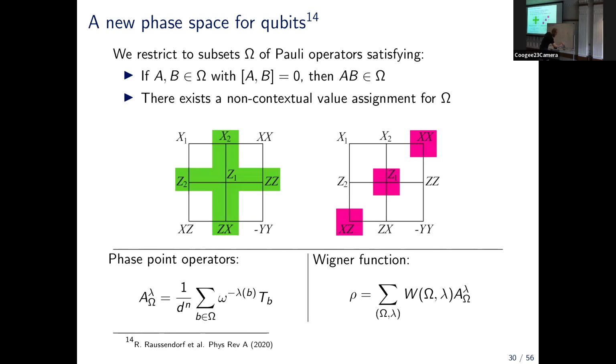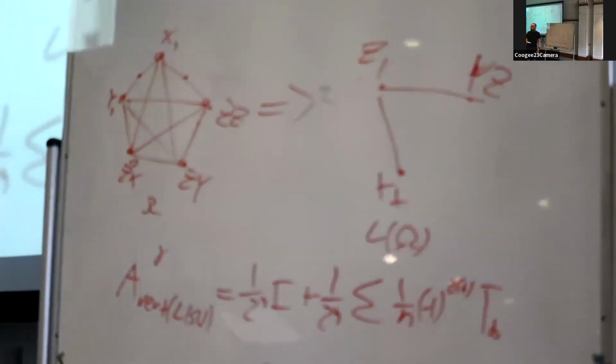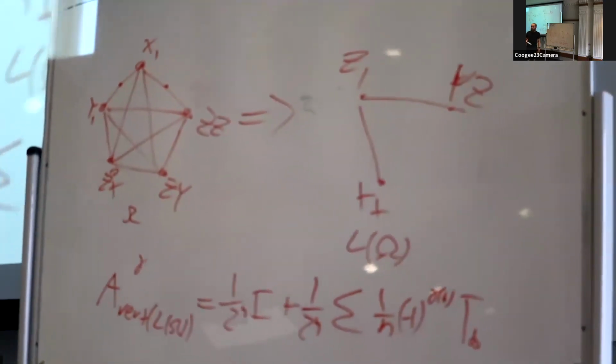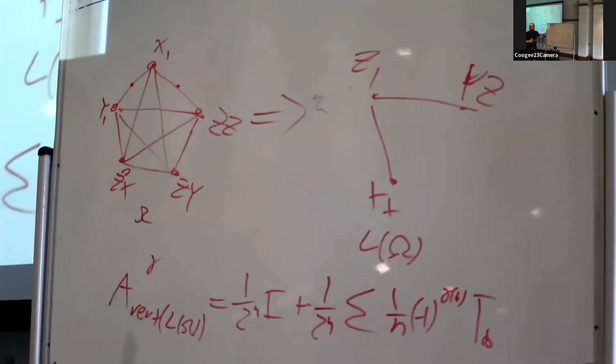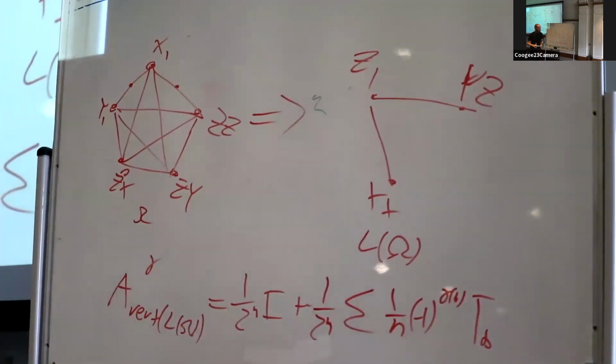Every coefficient is 1 over n, possibly with some sign. So this is a new infinite family of vertices that we didn't know about before. They sort of come with efficiently computable update rules for free. And this already expands the scope of what we can simulate efficiently beyond the normal Gottesman-Knill theorem, beyond CNC operators, and beyond all the previous quasi-probability representations.